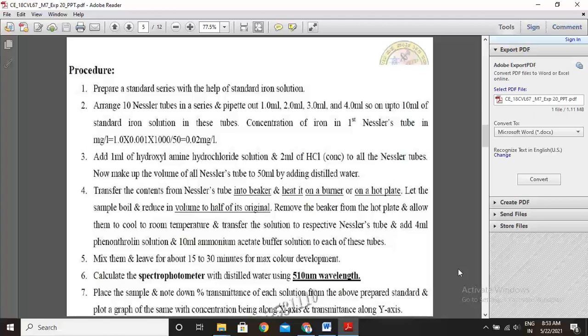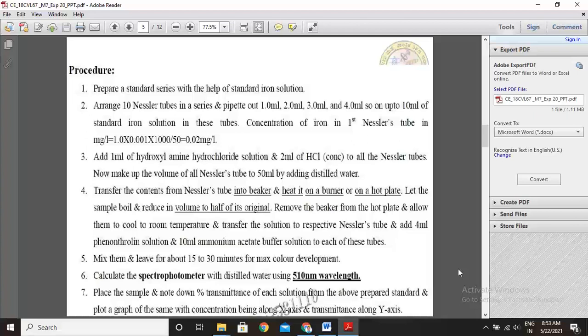Procedure: how to execute this experiment. Let us see. First step, prepare a standard series with the help of standard iron solution. That is, arrange 10 Nessler tubes in a series and pipette out 1 ml, 2 ml, 3 ml, 4 ml and so on up to 10 ml of standard iron solution in these tubes.